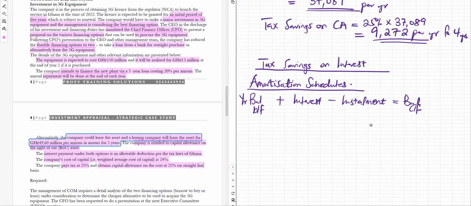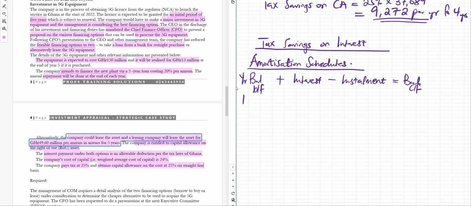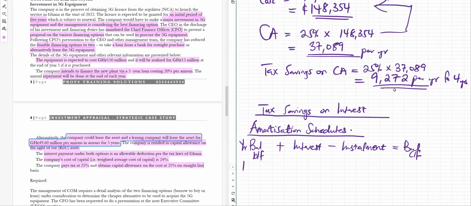Okay, so with that being said, in year one, we had the cost of the asset, which was 148354. So we carry the 148354 and then we apply interest. Interest was 20% in the question. 148354 multiplied by 20% gives us 29671.